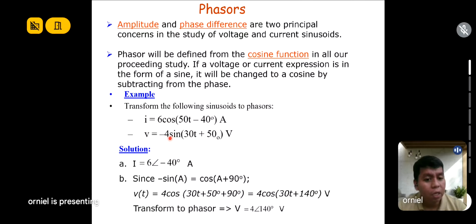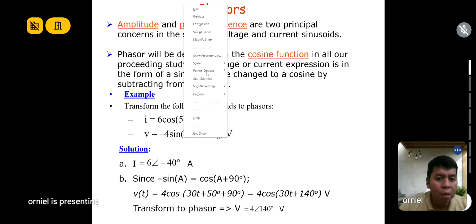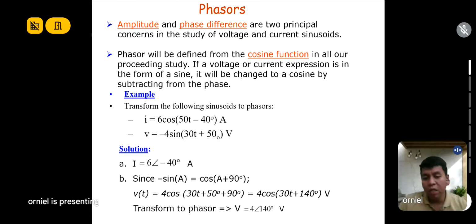Now, this example is a negative cosine, so we need to convert it into a positive cosine. How do we convert this without memorizing the trigonometric identities? You have positive cosine omega t and positive sine omega t. Since it started from a negative, we expect a negative sine omega t.